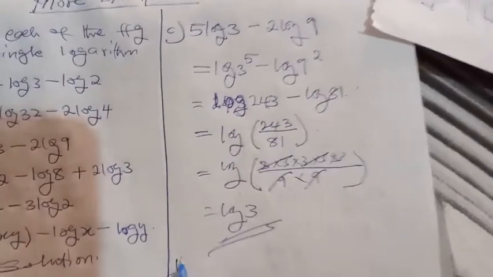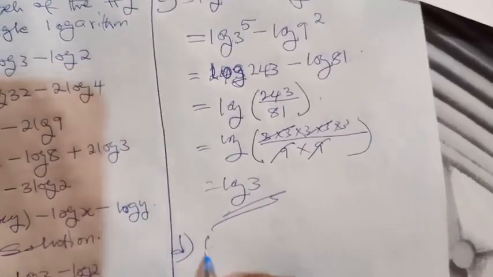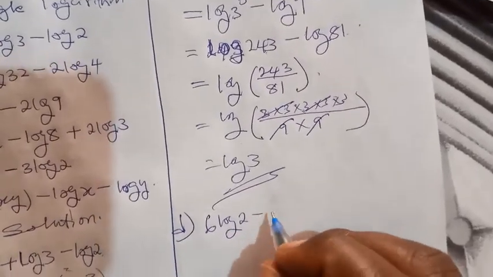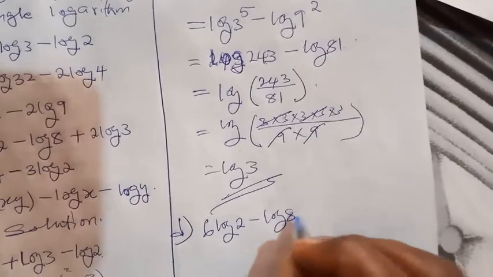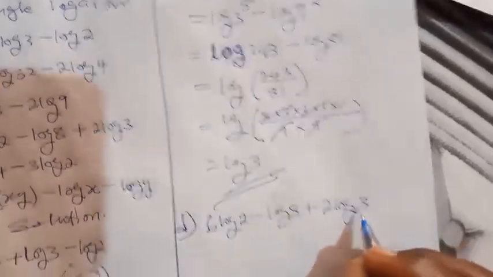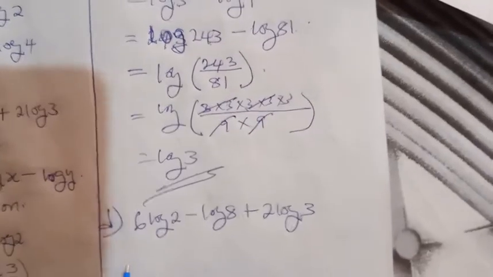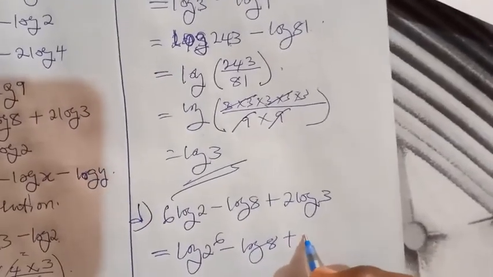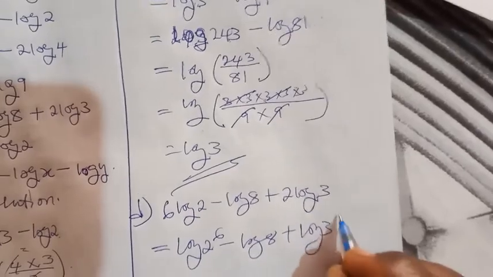D. Quickly, D, we have 6 log 2 minus log 8 plus 2 log 3. All right, quickly now, this is going to be equal to log 2 raised to power 6 minus log 8 plus log 3 raised to power 2.